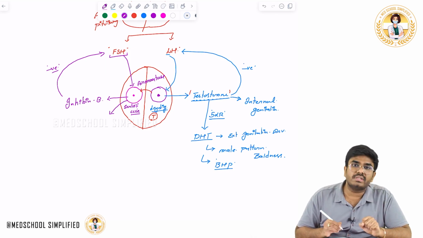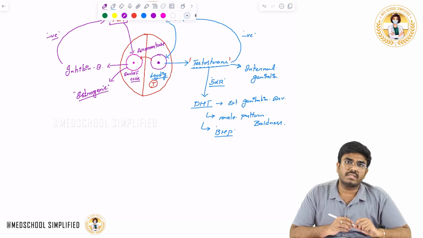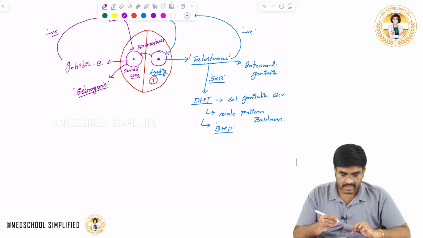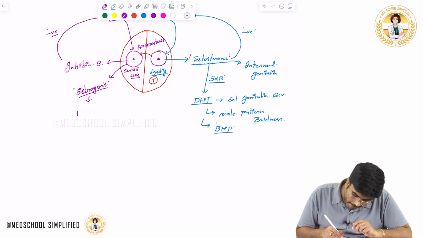So remember, Sertoli cells also produce estrogens in the males. Where are the estrogens coming from in the males? It's the Sertoli cells which produce the estrogens. And what is the function of estrogen? Estrogen helps in sperm development.